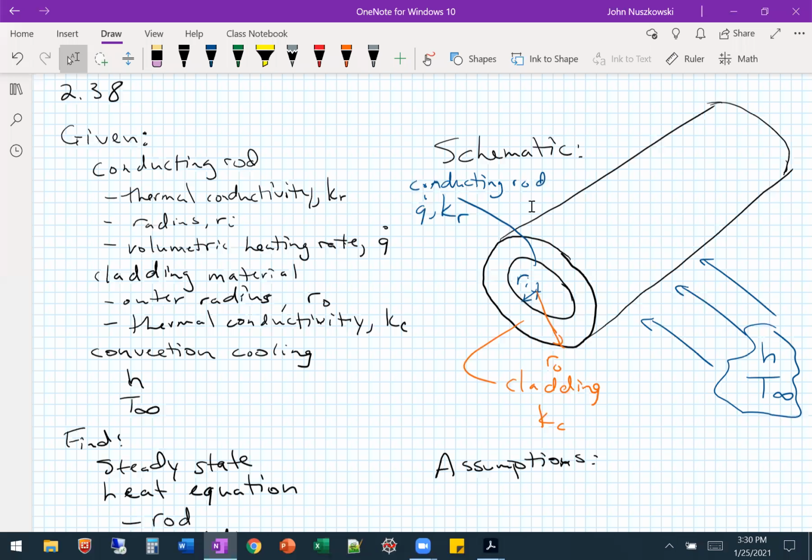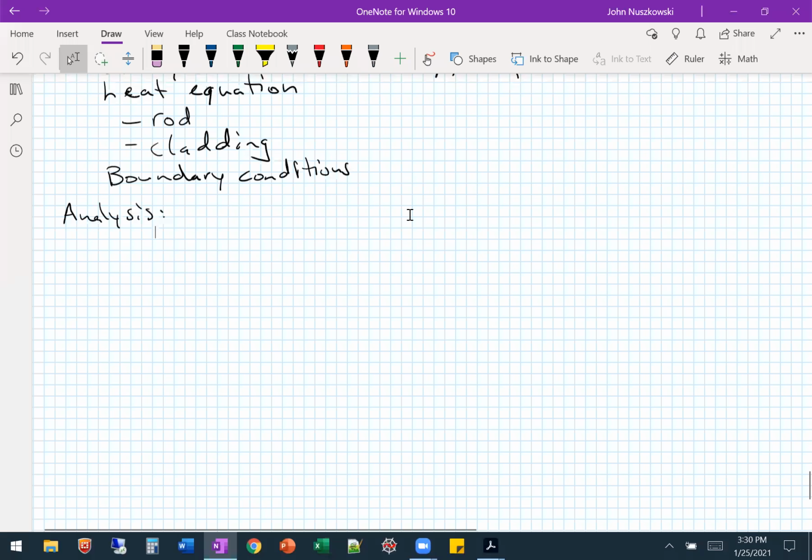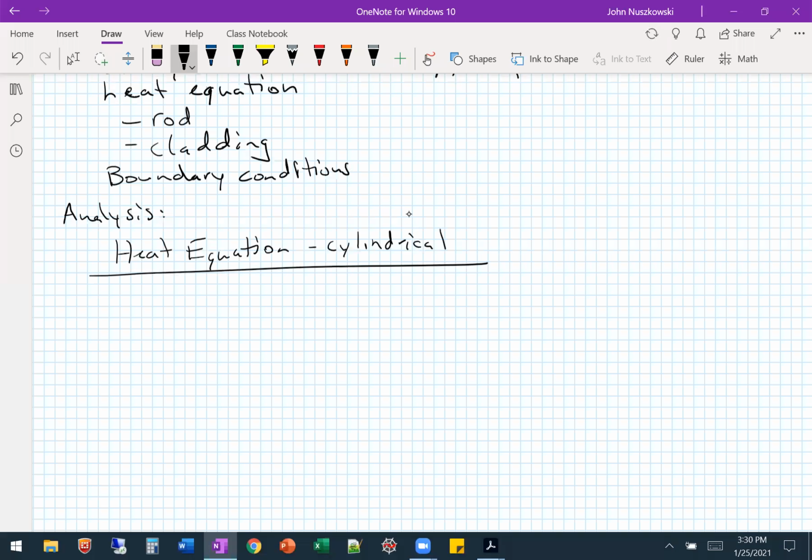You can use any coordinate system for any geometry, but it doesn't make the problem easy if you're trying to use the Cartesian with the cylindrical here, okay? So that's where it's better to use that, right? So I'll start with the heat equation, which this one's a fun one. Cylindrical.